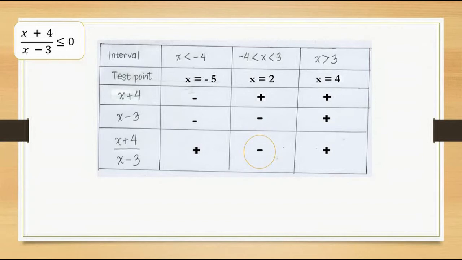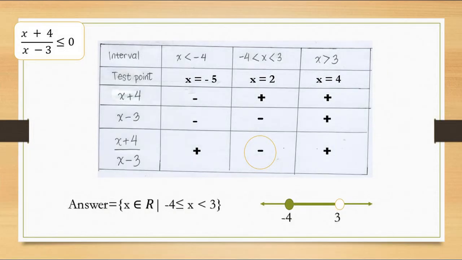The solution is the negative part, which is on the interval between -4 and 3. So the answer is x is an element of the real numbers such that -4 ≤ x < 3.